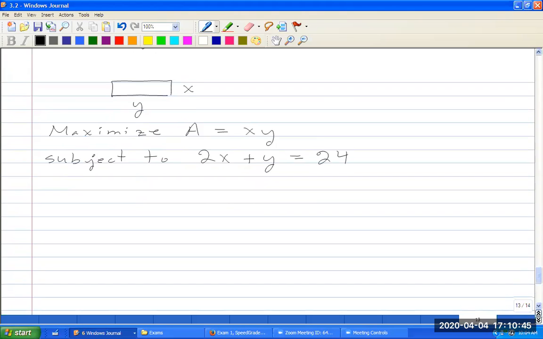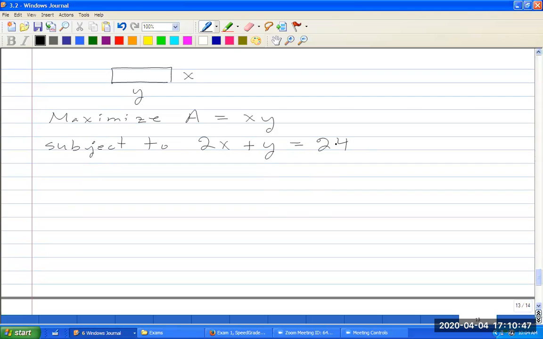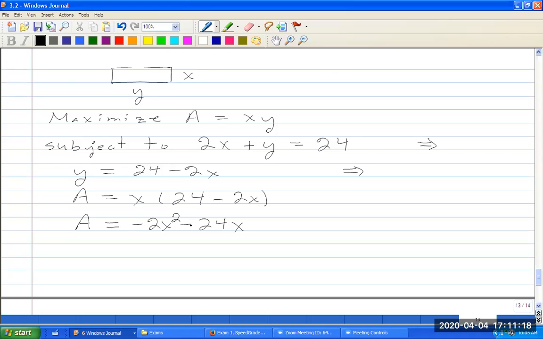Just like before, let's solve this equation for y. Let's subtract 2x from both sides. Now let me replace y by 24 minus 2x and multiply x inside the parentheses. So I get 24x minus 2x squared. Let's write the negative 2x squared first.